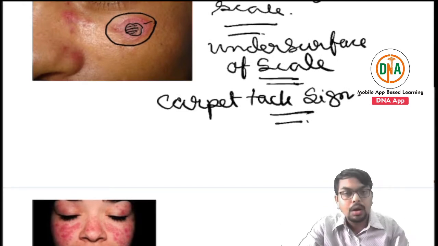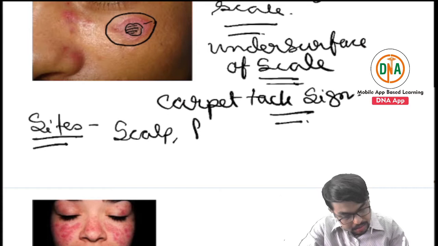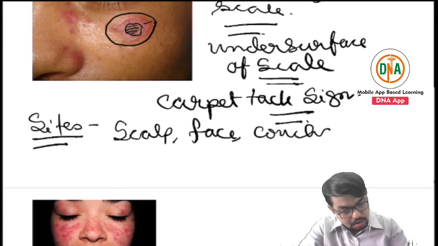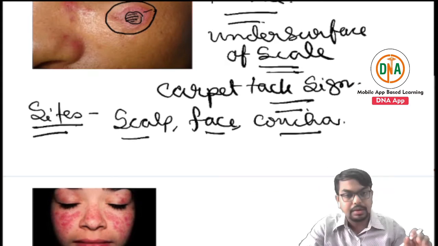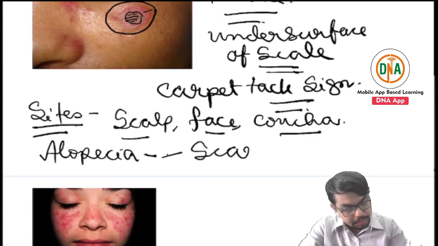Now, what are the sites of discoid lupus erythematosus? It is mostly the scalp, face and concha of the ear. There is follicular involvement, so there will be alopecia, scarring alopecia mainly.